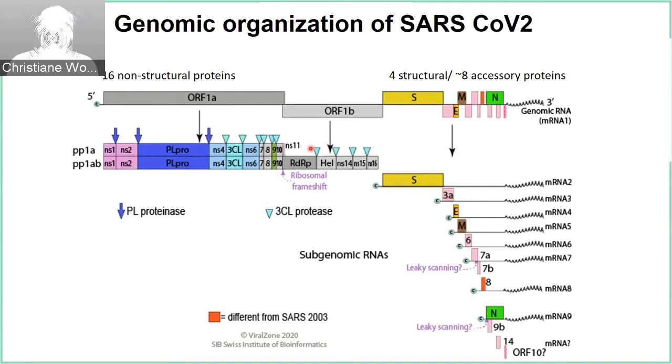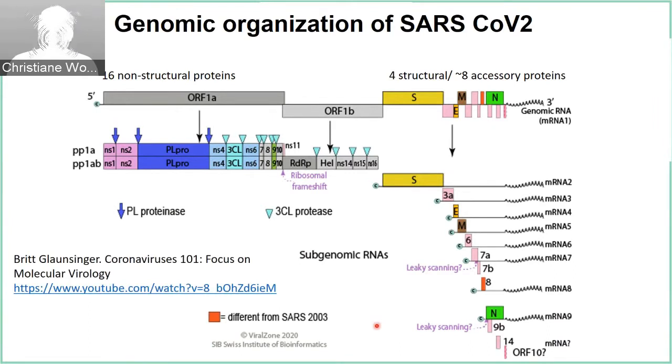These are the proteins that encode the replicase enzyme, so the RNA-dependent RNA polymerase that replicates the genome, and other accessory proteins, as well as the proteases, which can clip the polyprotein into its individual pieces. The 3' end of the genome encodes the structural proteins, the 4 structural proteins that I've mentioned earlier, and up to 8 accessory proteins, which modulate the innate immune response in the host.